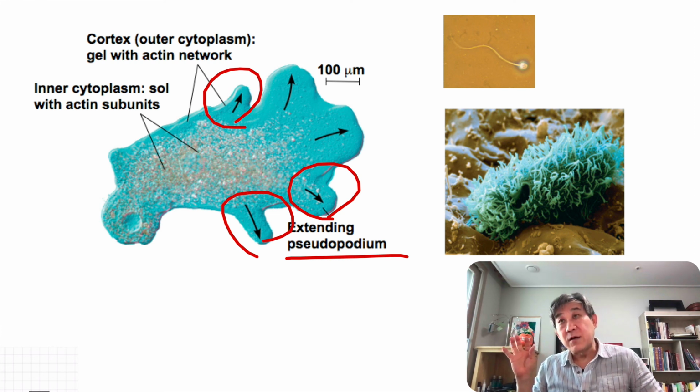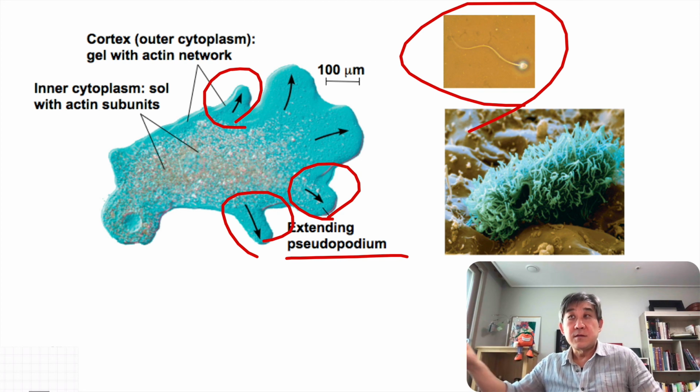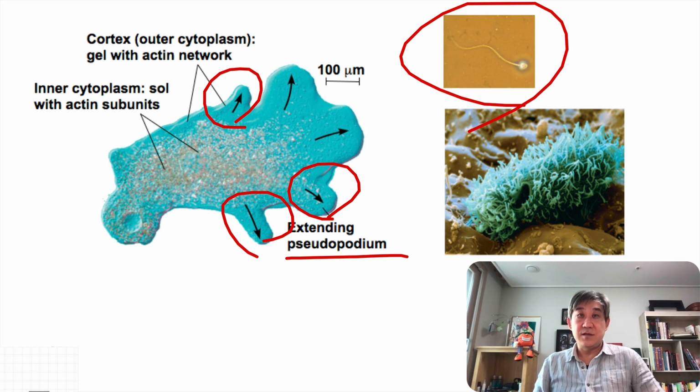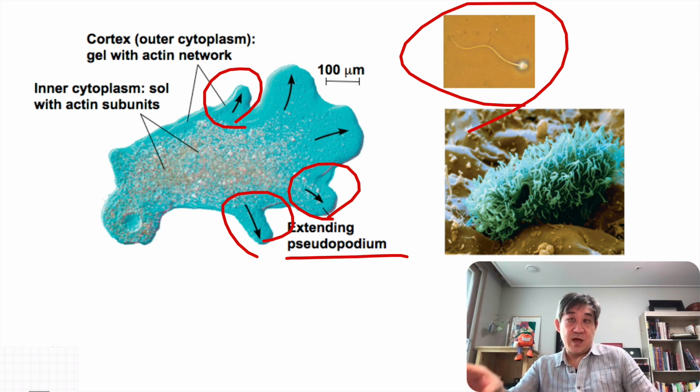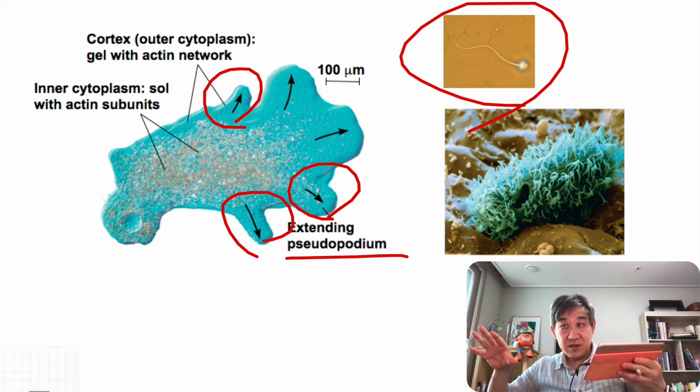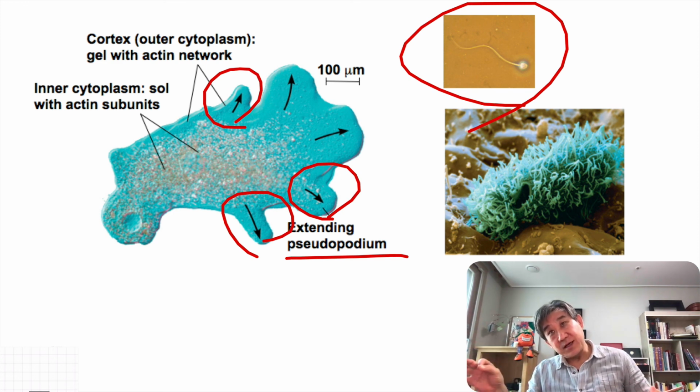And a single cell can also move using a projection-like structure, which is also made of microtubule. So overall, instead of focusing on little details, whether it's microtubule or actin microfilament, they can be utilized in providing movement of a single cell too.